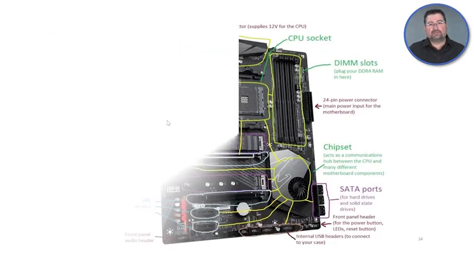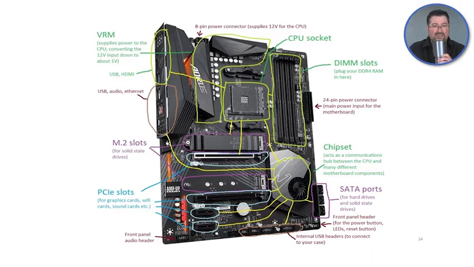All right. What are we looking at here? Oh, a nice high-end motherboard. Now, this is a fairly brand new motherboard, and it has a lot of different features you may not see on most boards, such as the VRM, Voltage Regulator Module.